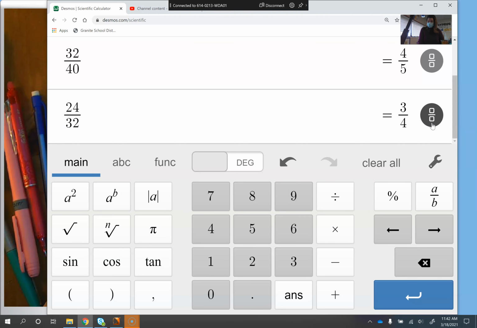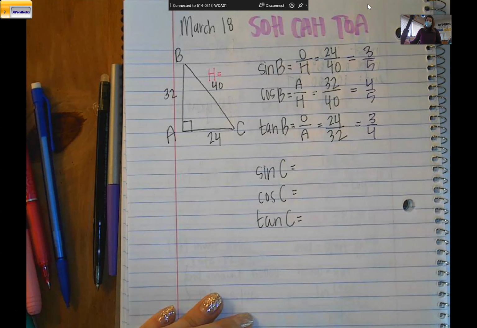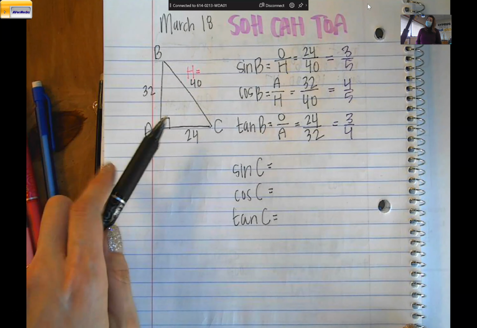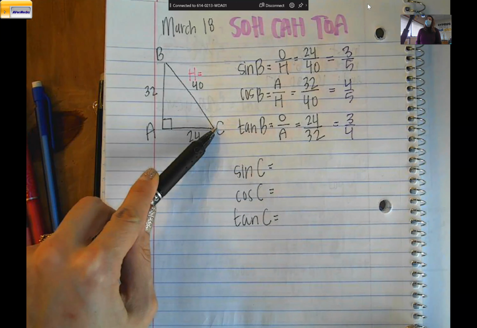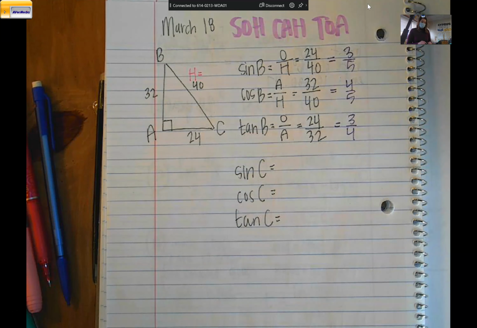So you are finding same triangle. Oh, sorry, distance learners. Same triangle, but this time you're finding the SOHCAHTOA of angle C. So your focus angle this time is angle C.